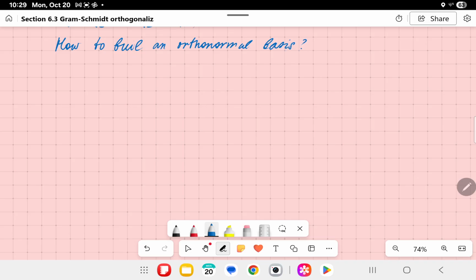Well, I'm going to consider some basis and turn it into an orthonormal one. So way number 1: use some basis and turn it into orthonormal.